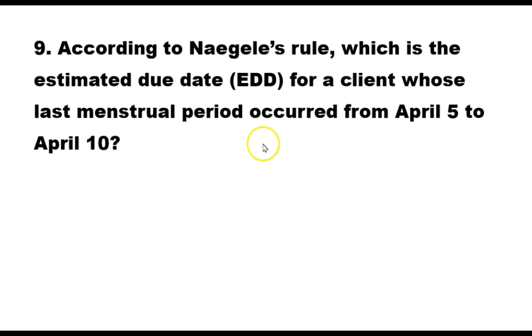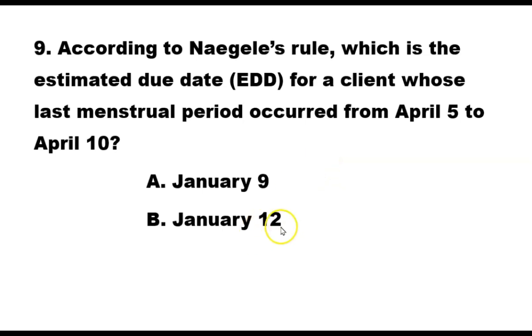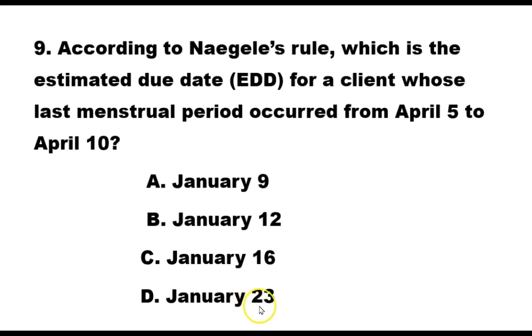Question number 9. According to Naegele's rule, which of the following is the expected date of delivery for a client whose last normal menstrual period occurred from April 5 to April 10? A. January 9, B. January 12, C. January 16, D. January 23. Think over it for 5 seconds.